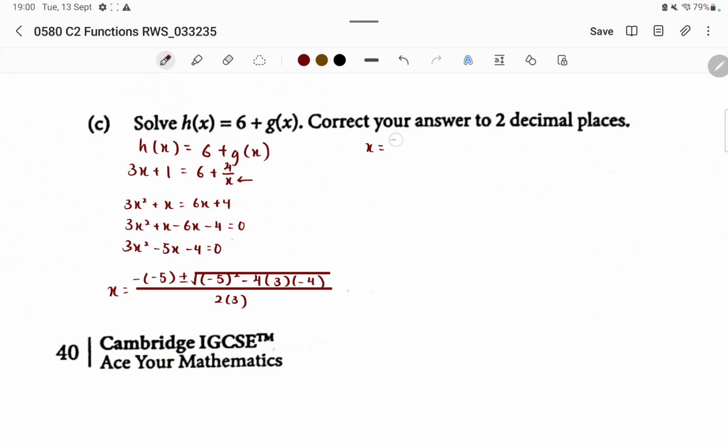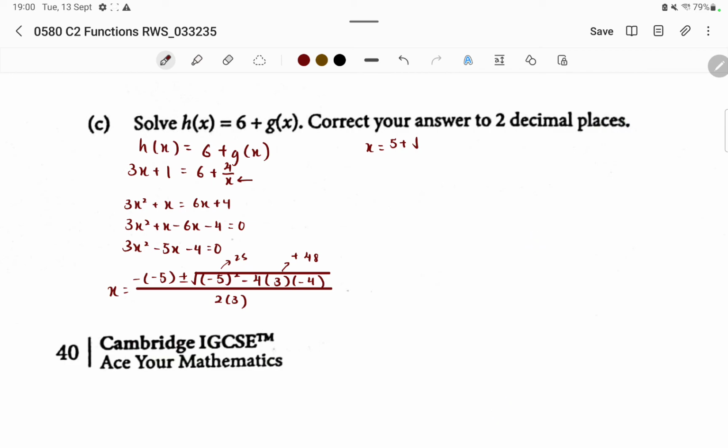Simplify it first. x equals to 5 plus, this one should be 25. This one, negative, positive. 4 times 4, 16. 16 times 3, you get 48. So this one, 25 plus 48.